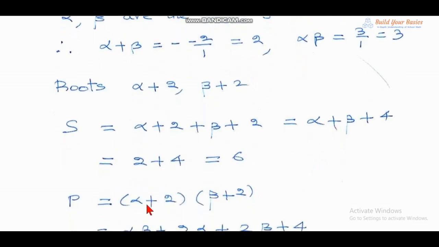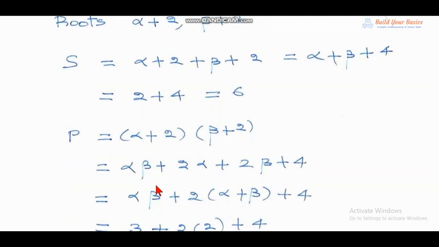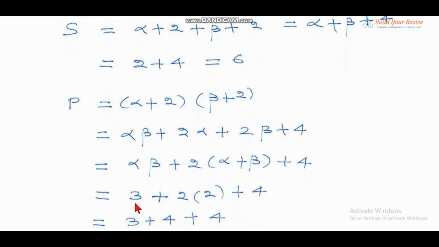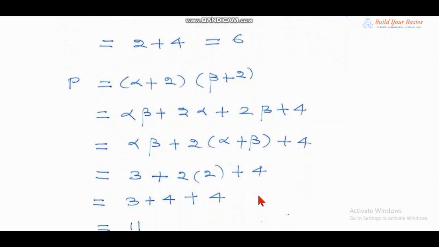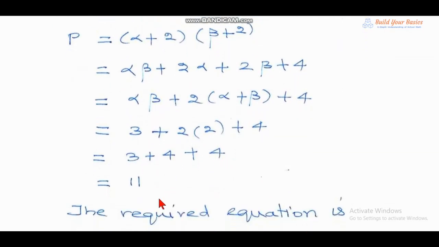And product: alpha plus 2 into beta plus 2. That is alpha beta plus 2 alpha plus 2 beta plus 4. We can take 2 common here, so alpha beta plus 2 into alpha plus beta plus 4. That is 3 plus 2 into 2 plus 4, that is 3 plus 4 plus 4, that is 11.